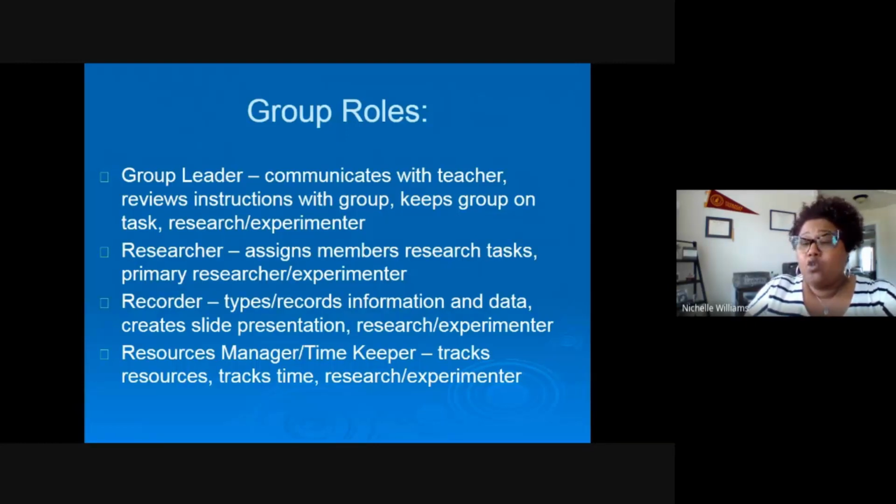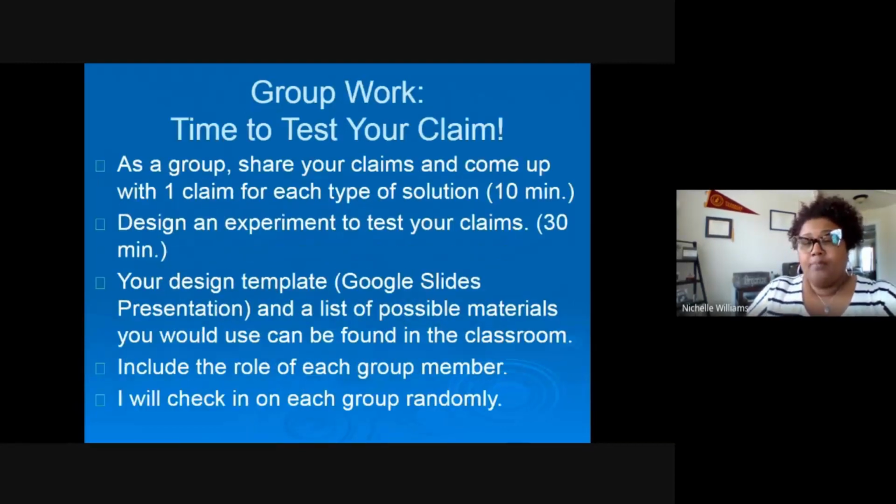Okay, Donovan, I see you're back. You are in your group, so you can go ahead and go into Google Classroom, and your group leader will refresh you on the expectations for this group assignment. This is what we went over. You're going to come up with your claims as a whole group, and then you're going to begin designing your experiment to test your claim.